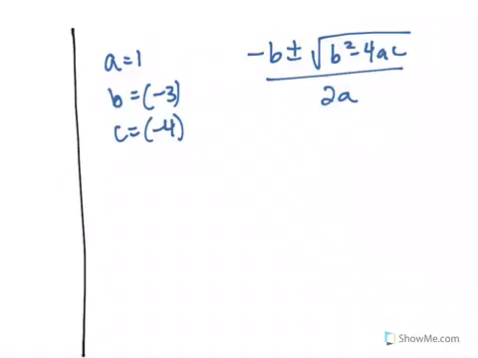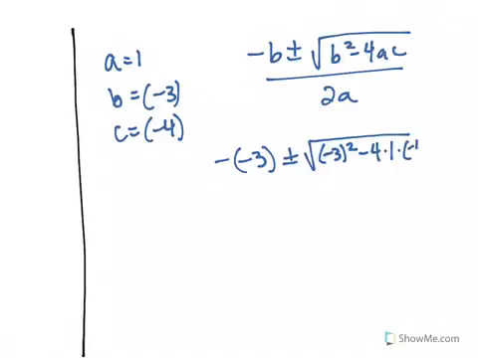Plugging those values in, we get -3 plus or minus -3 squared minus 4 times 1 times -4, all divided by 2 times 1. Sorry, this is u equals now because we're doing u substitution.